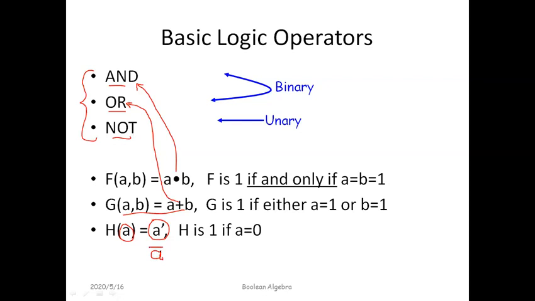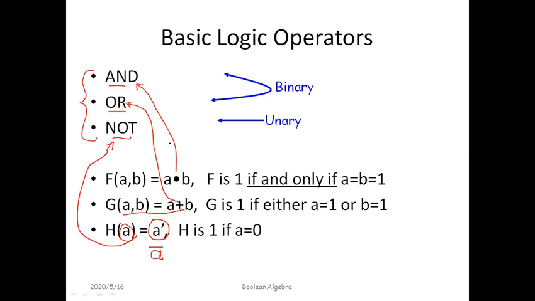A bar means an inversion of what was put in. So if the input is A, then what comes out will be A bar. If the input is A bar, then what comes out is A. So in other words, this operation is simply inverting. So this inversion operation is what we call a NOT.